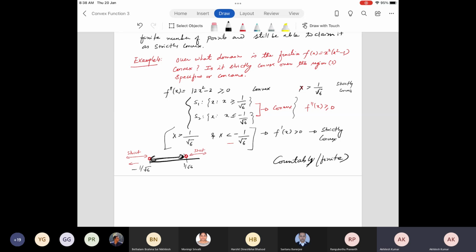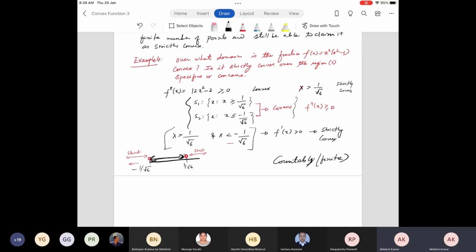I'm not sure what you are asking. What is happening between 1 by root 6 and minus 1 by root 6, Moningi? Sorry, how do you pronounce your name? My name is Moningi Srivalli. Moningi Srivalli, yeah. So what happened between minus 1 by root 6 and 1 by root 6?